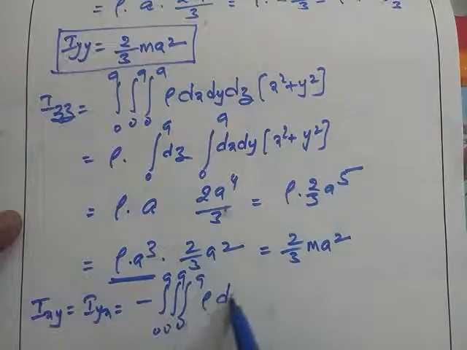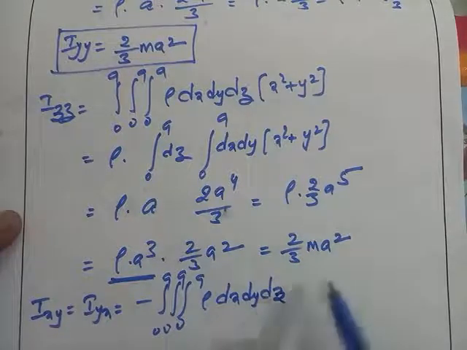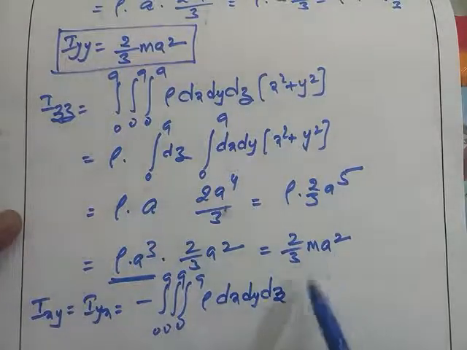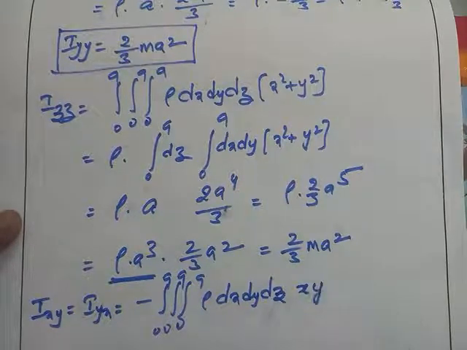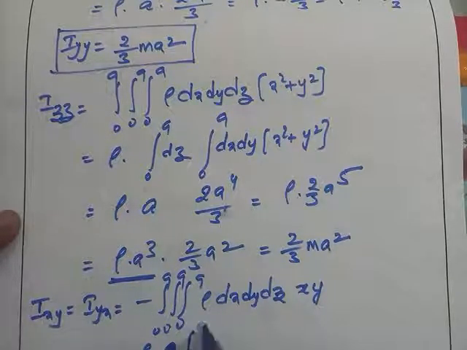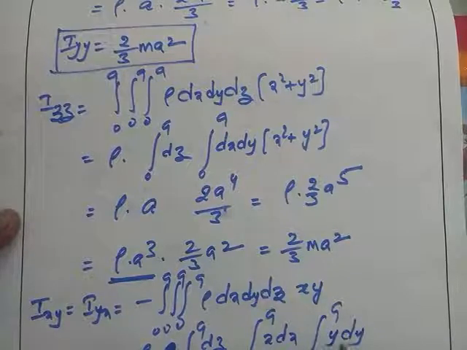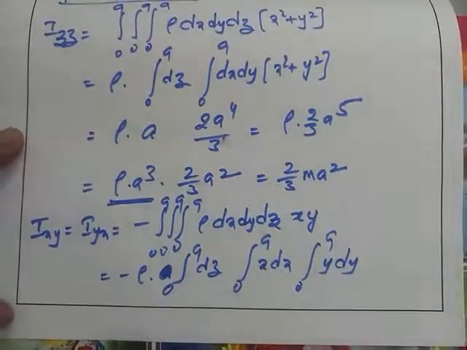Here you write the mass of the element, rho into dx dy dz, and here you take the components xy. Now integrate this one. Write rho outside, and integrating with respect to dz we'll get z only, and substituting limits we get a. Otherwise you write initially 0 to a dz, and 0 to a x dx, and 0 to a y dy. So solving this one, what do we get?